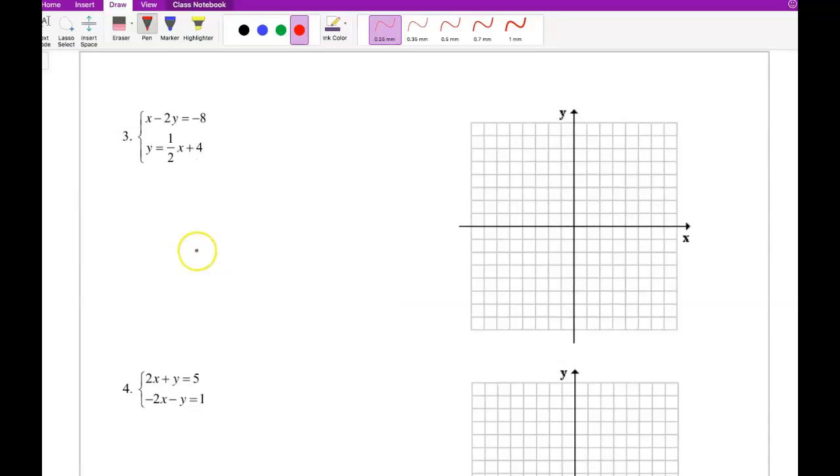Next one here, number 3. The second equation is in the form of slope-intercept. So we have slope is 1/2 and the y-intercept is (0, positive 4). But we need to solve for y for the first one. So here, subtracting x.